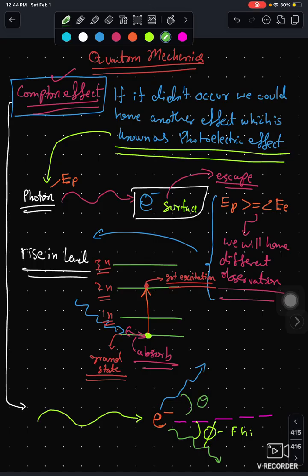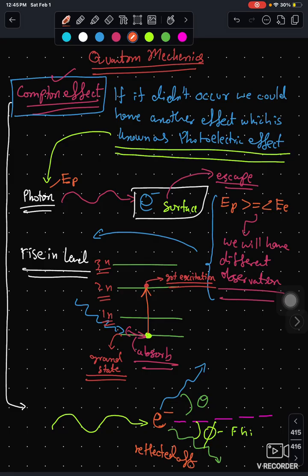So what we are observing is that the photon is coming in, and the moment it hits the electron, instead of the electron absorbing it, what actually happens is it gets reflected off.